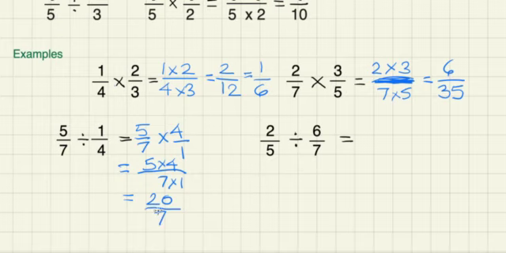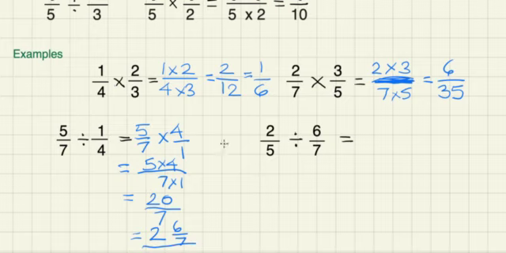Now this is an improper fraction, so you have to work out how to make that into a mixed number. 7 goes into 20 how many times? It goes in twice, that's 14. 2 7s are 14, and 20 minus 14 is 6. So that's 2 and 6 over 7. This is your answer.